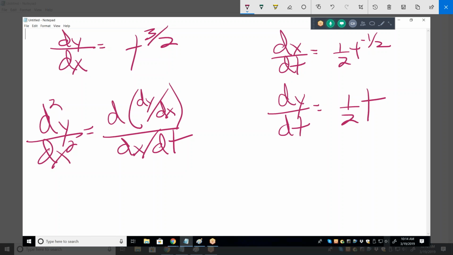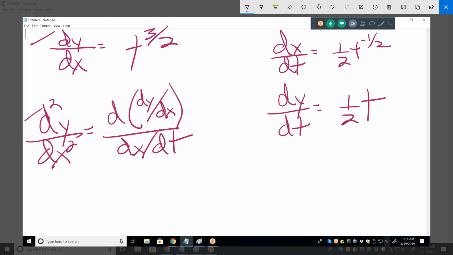Why is it dy/dx on top and not dy/dt? Well, because dy/dx is dy/dt divided by dx/dt. So that's dy/dx, and they've asked for the second derivative of that. So I really am taking the derivative of dy/dx. Now the question is why is the bottom dx/dt instead of just dx?